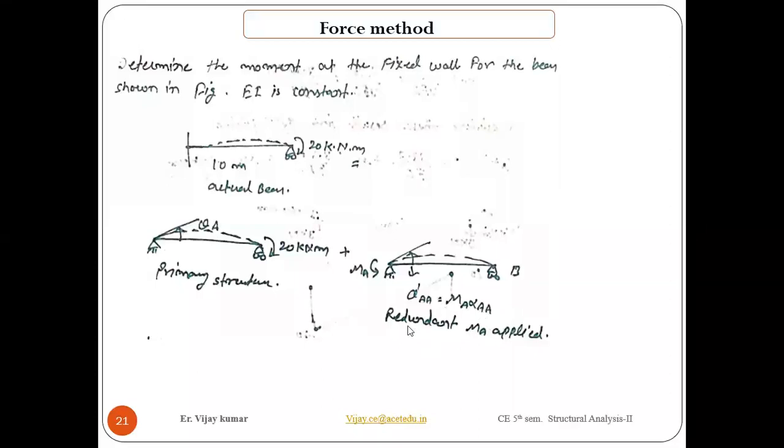MA is the redundant that was released, but now we need to apply it and get the value, and see in which direction it rotates the body. Otherwise, in the real beam, no rotation is possible. So again, we need to superimpose them and solve it.